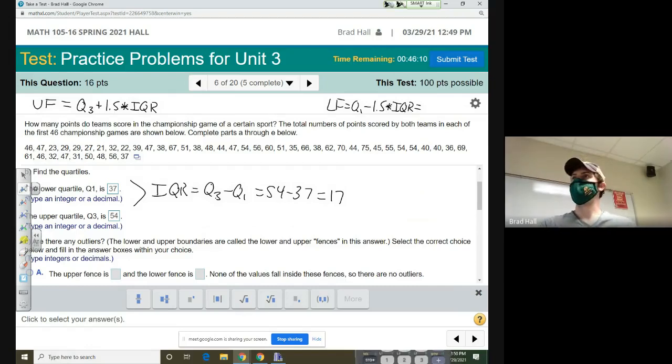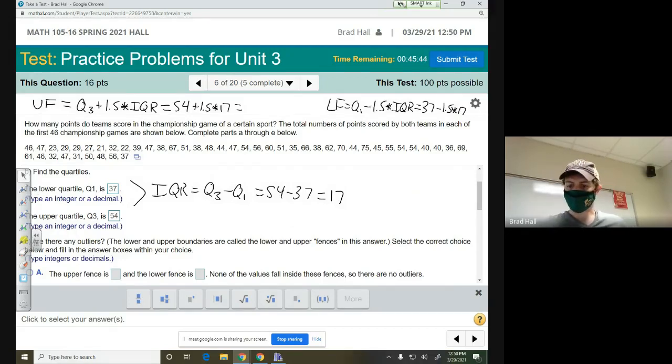So now we can use the IQR, plug that straight into our formulas for the upper and the lower fence. Q3 is 54 plus 1.5 times the 17. We'll get some number there. Q1 was 37 minus 1.5 times 17.